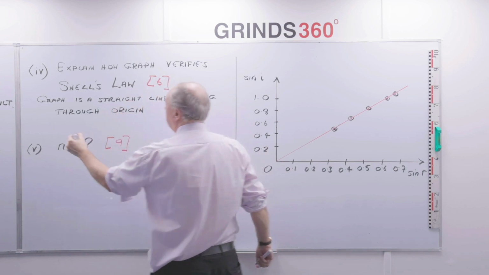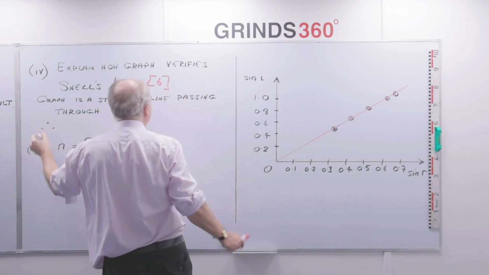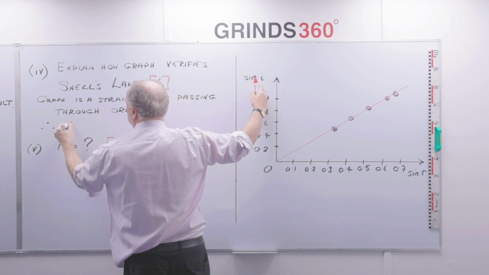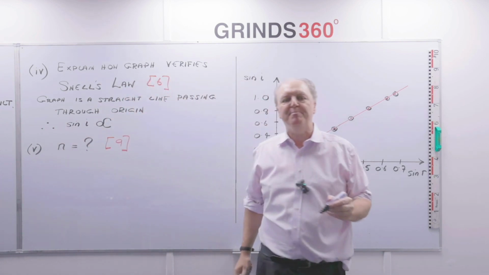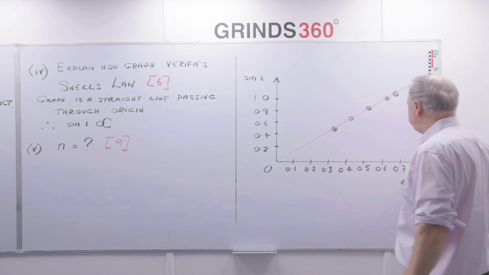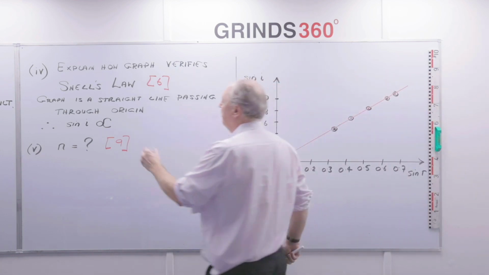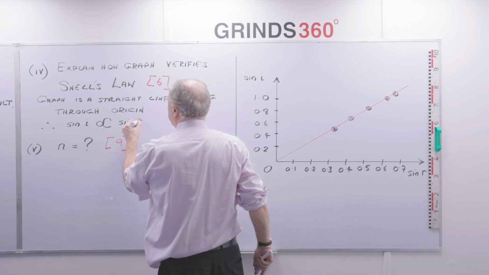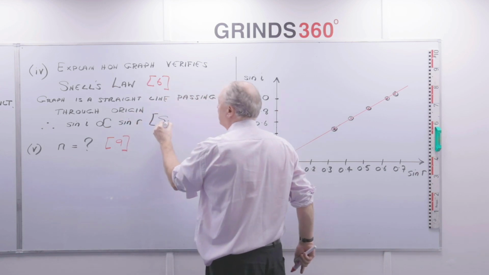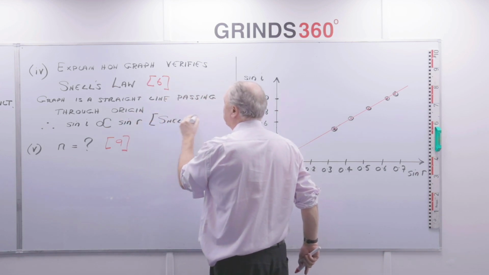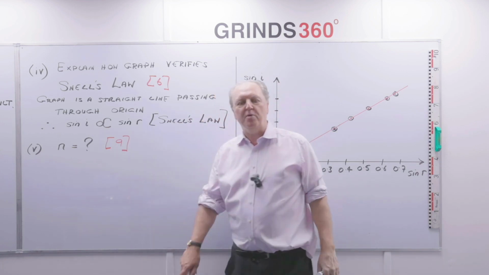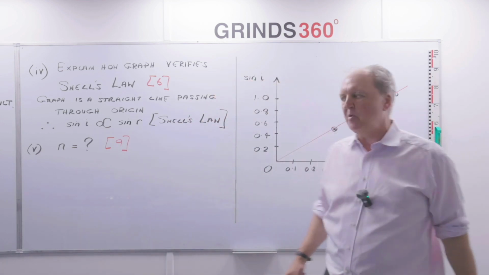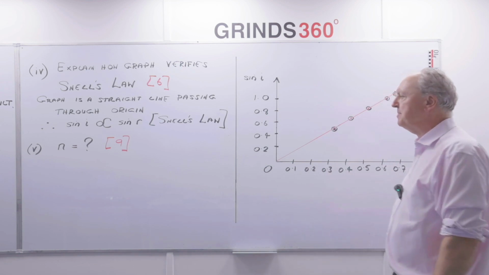And therefore, you can say the quantity up here, sin I, is directly proportional, there's your symbol for directly proportional, to the quantity down here, sin R. And that is a statement of Snell's law. I just put Snell's law in brackets like that. So that's a very, very common question, so I want you to be able to answer it very, very well. There's 6 marks for that.